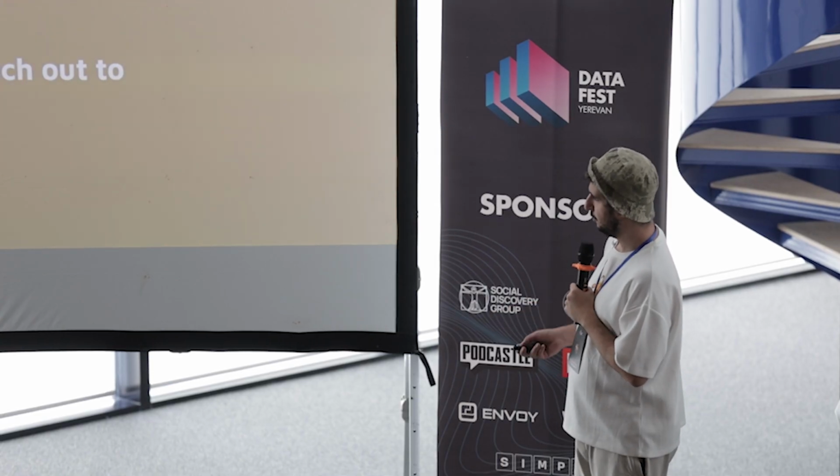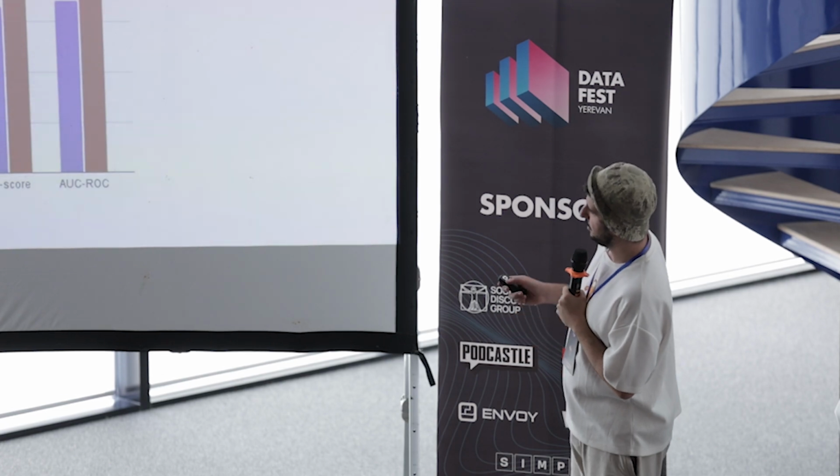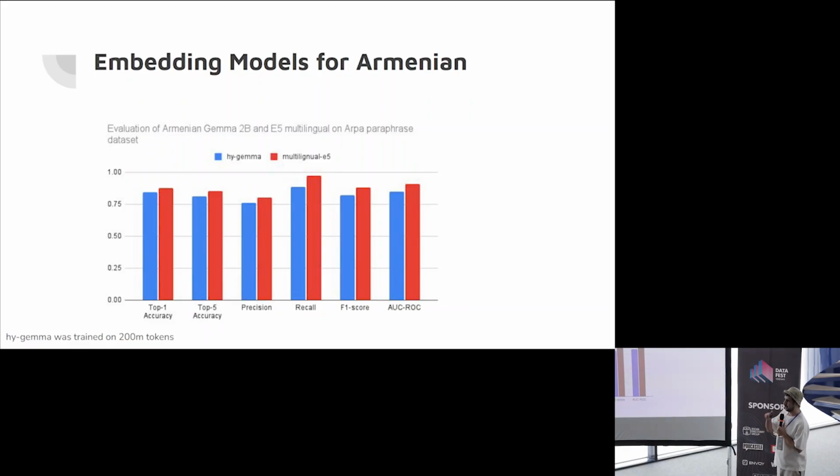Yes, so for this Gemma model, we just took the existing pre-trained Gemma, as it already had abilities to generate in multiple languages. Also, these multilingual models, even GT or E5, are trained on about 70 languages, in which Armenian is included, but the vocabulary for them is small.